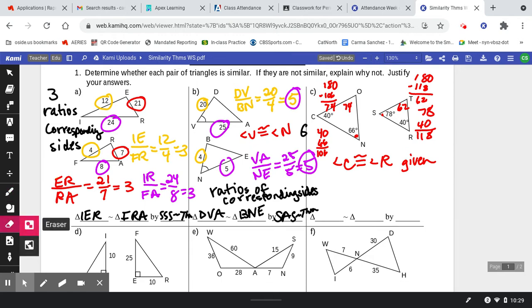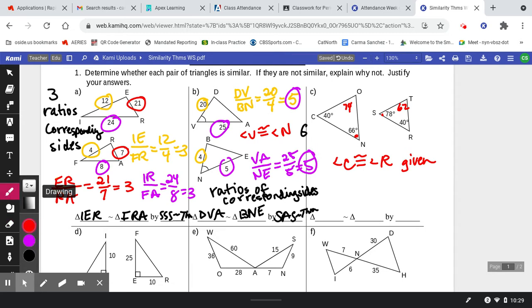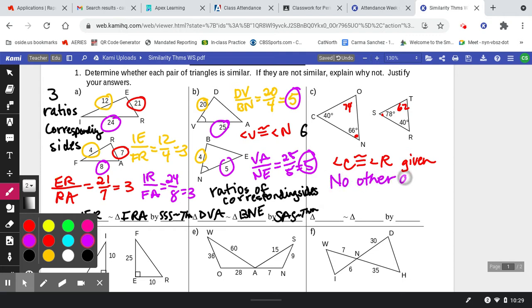So looking at that work, do we have triangle similarity here? Do I have two angles that are equal? Nope. I'm going to write no other angles are equal, so therefore not similar. Okay, so we do not have our two angles because they are not equal.